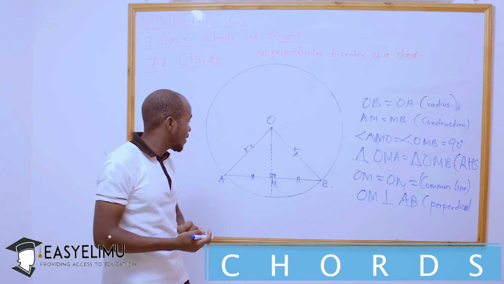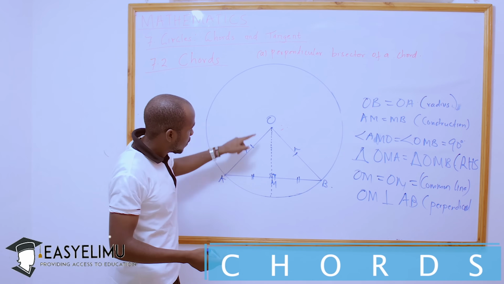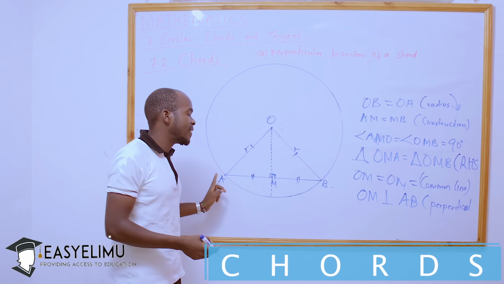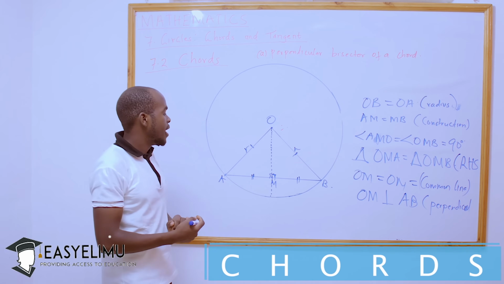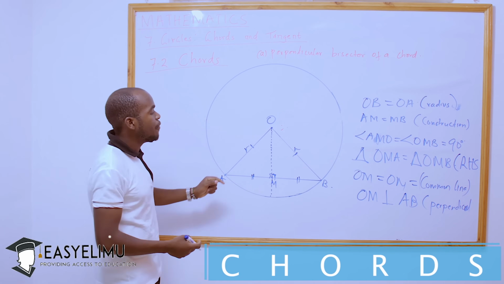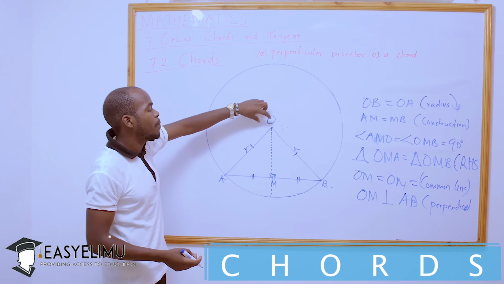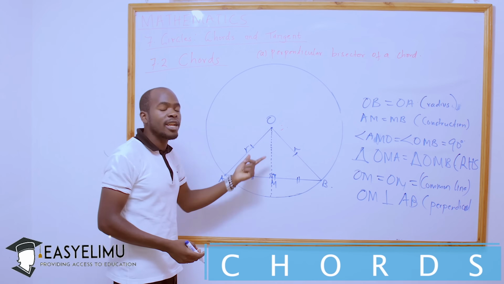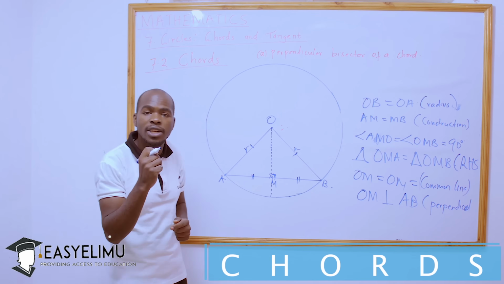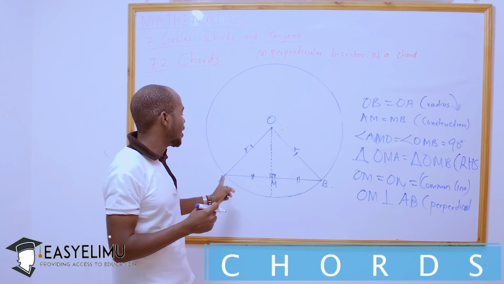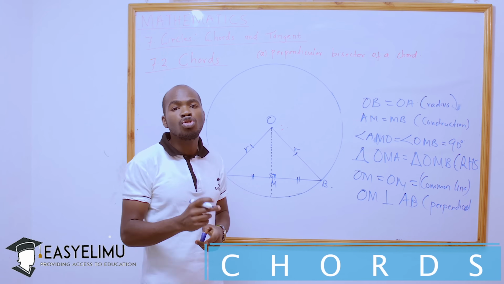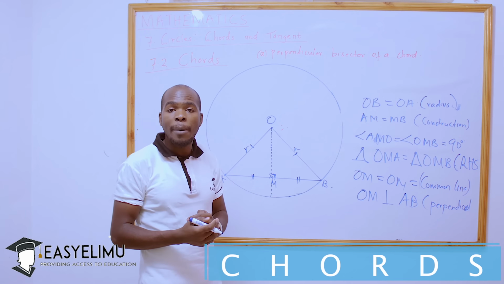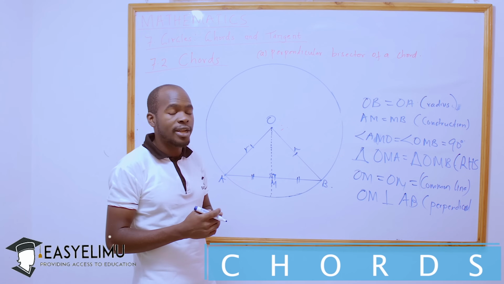So with that we can say we have OM being perpendicular to AB, and since AB is our chord, then if you drop any line perpendicular to line AB from the center, or you drop any line from the center of that circle to cut the chord AB into two equal parts, then we shall have that line being the perpendicular bisector of that chord.